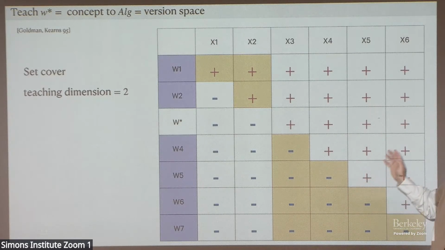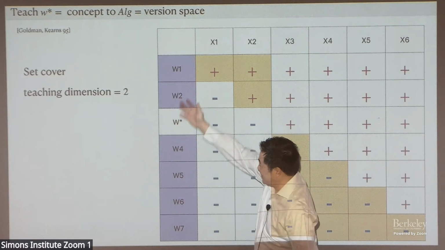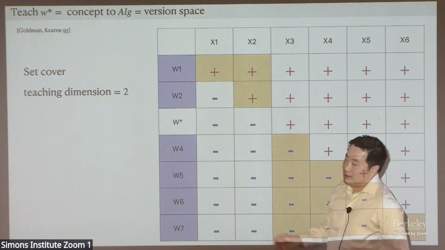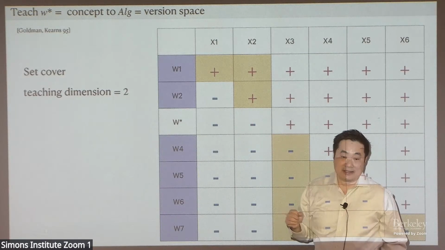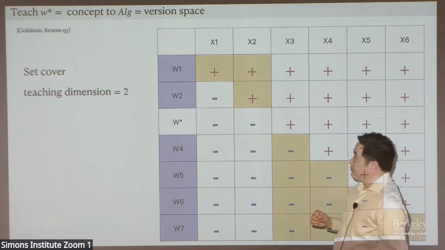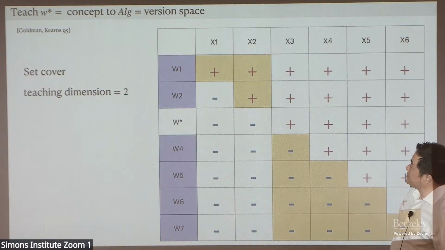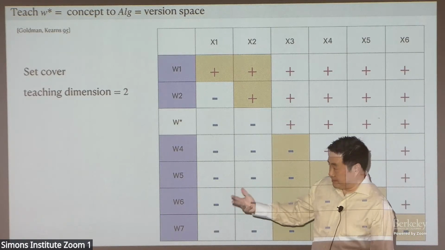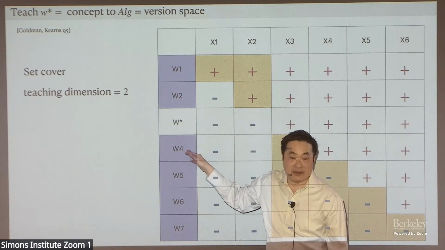That just means the student starts with everything here as its initial hypothesis space, and it simply eliminates any hypothesis that's inconsistent with the training set it has seen so far. So if we were to teach with X1, X4, this student will still have in its hypothesis space the remaining version space, which is going to be W2, W star, W4, that subset.